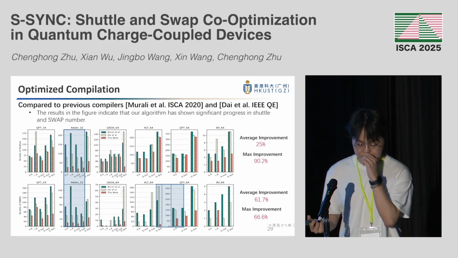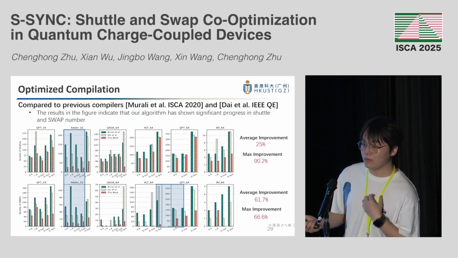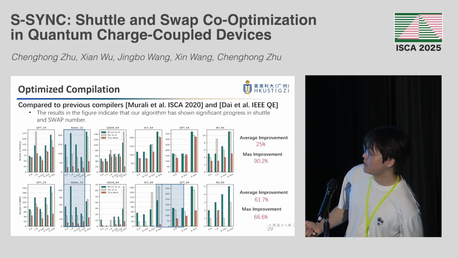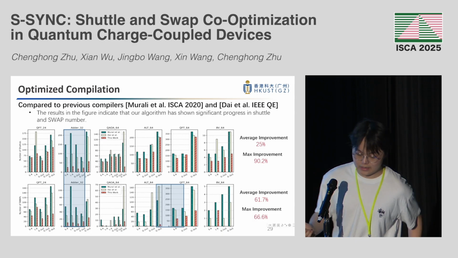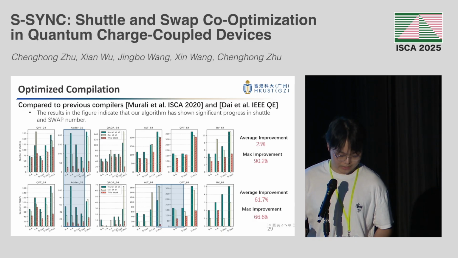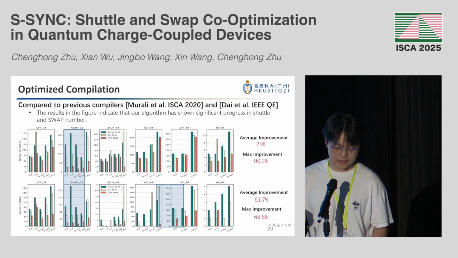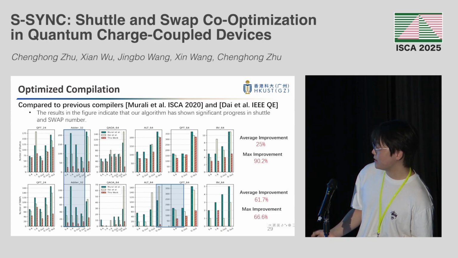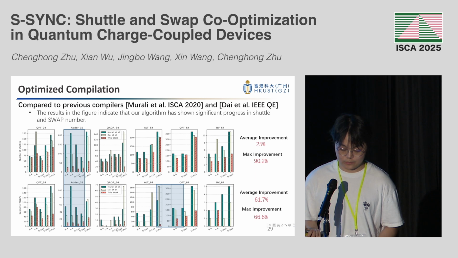We mainly compare our compiler with these 2 compilers, and we show that for the shuttle number, we can achieve an average of 25% improvement, and up to 90.2 max improvement. For the swap number, it can achieve up to 6.6 max improvement, and 1.7 average improvement.